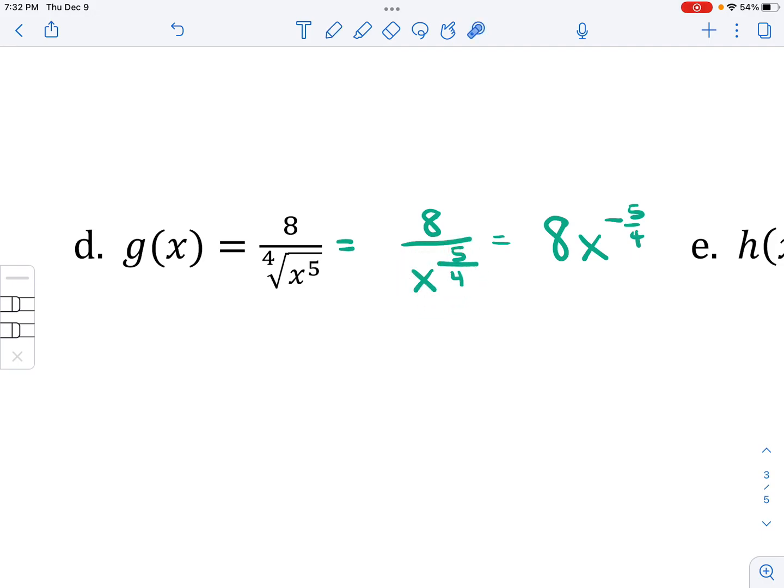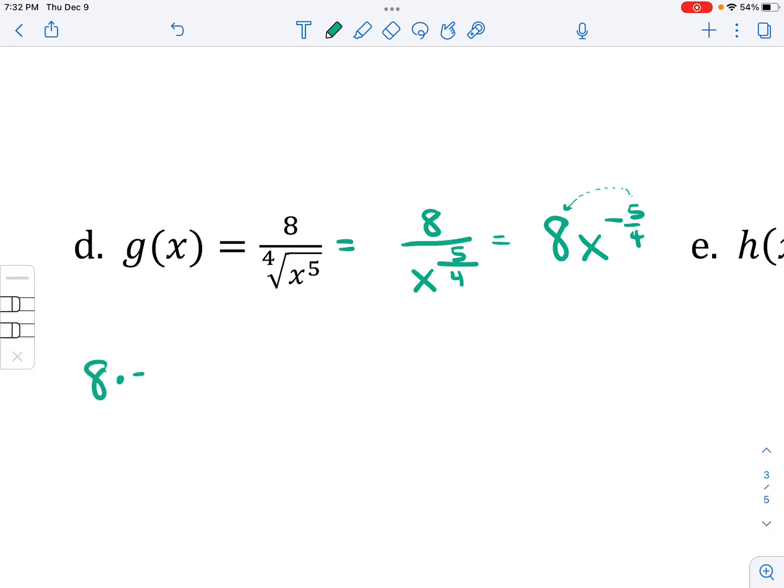So if I bring this from the bottom upstairs here, then it switches from positive to negative, which is nice because then I can multiply this by this.